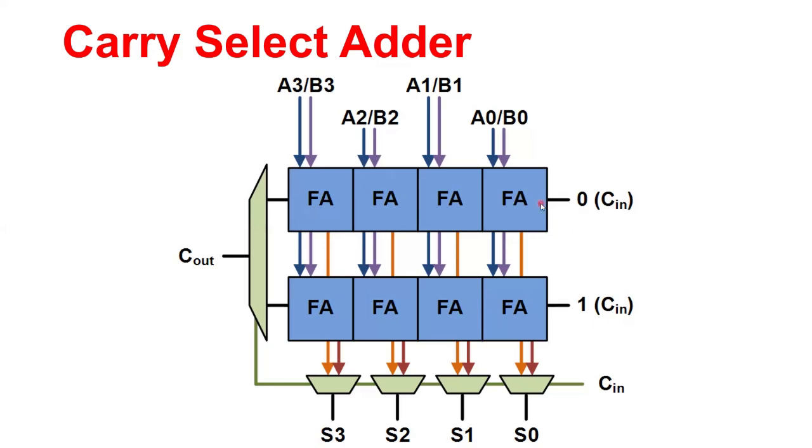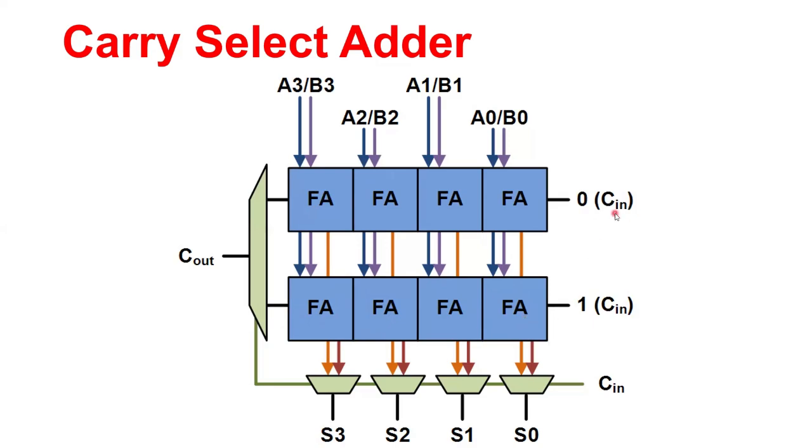They will work as what we just saw, as carry ripple adders, slow, and they will produce their sums, and they will also produce their carries. Okay, and assuming that C in here is 1 and C in here is 0.